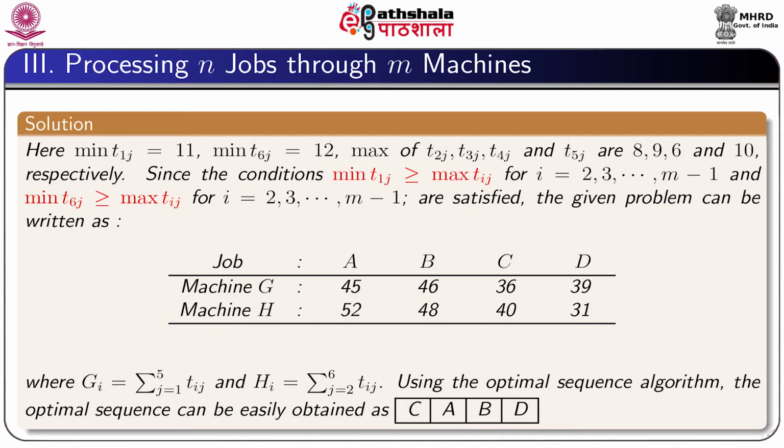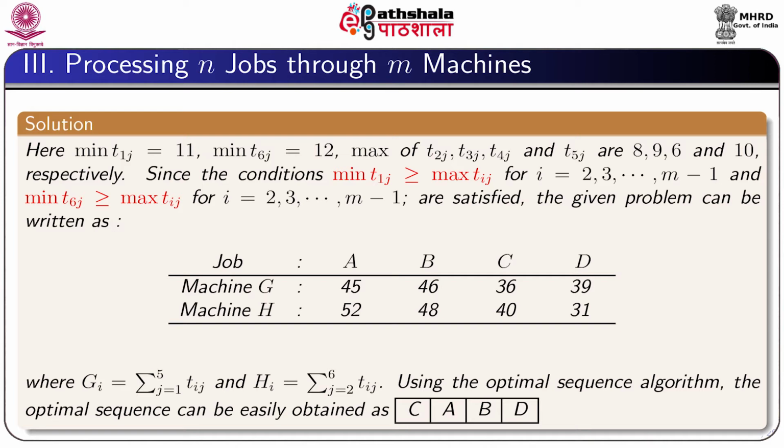Therefore, the conditions minimum of T1j is greater than or equal to maximum of Tij for i equal to 2, 3 up to m minus 1, and minimum of T6j is greater than or equal to maximum of Tij for i equal to 2, 3 up to m minus 1, are satisfied here.